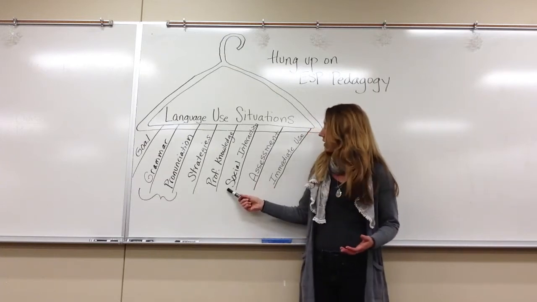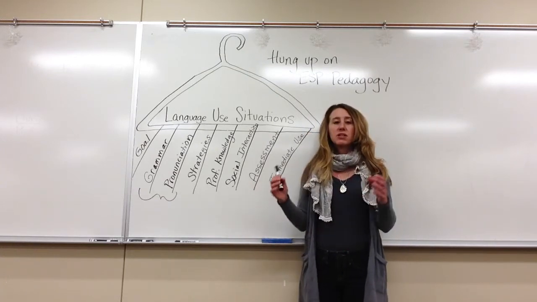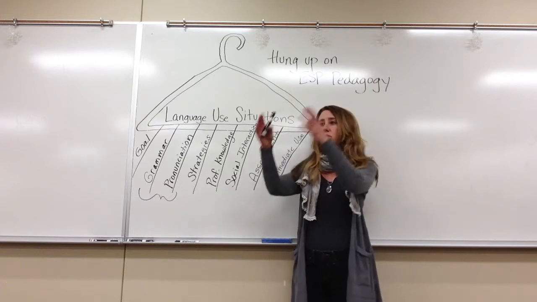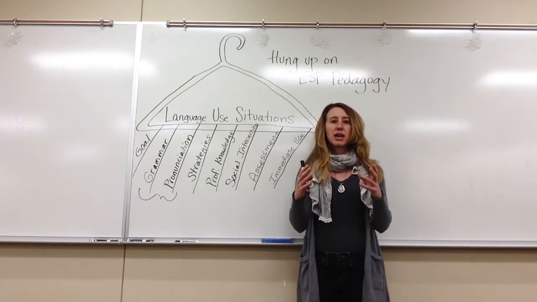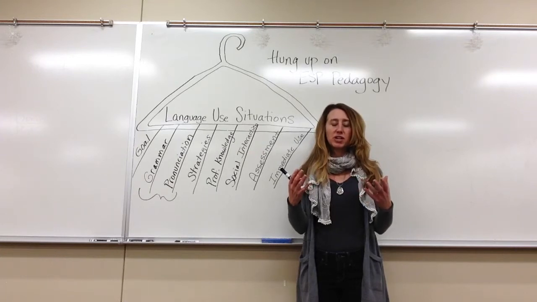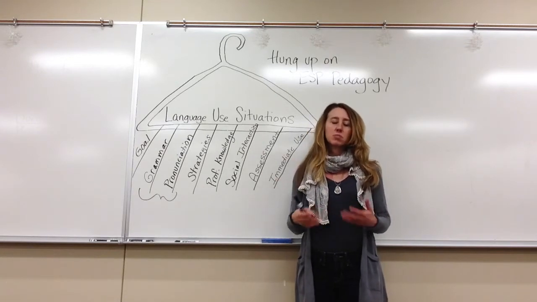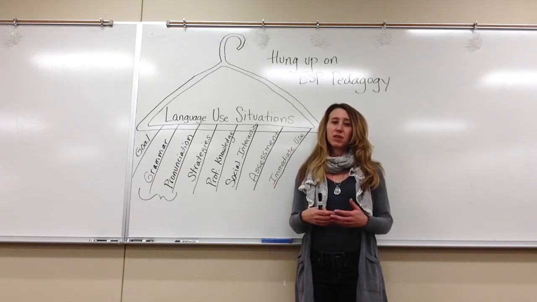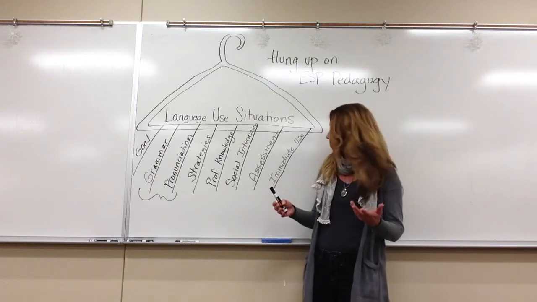Now let's go back. If that were the goal, then you would probably have students in pairs, and you would have one student playing the role of the waiter or waitress, and the other person playing the role of the customer at the restaurant.